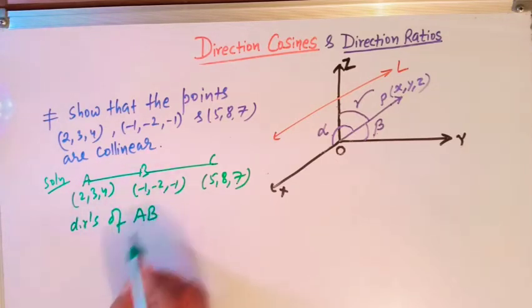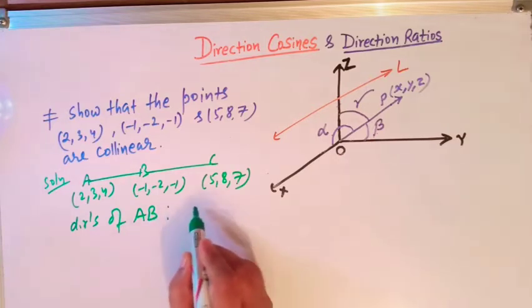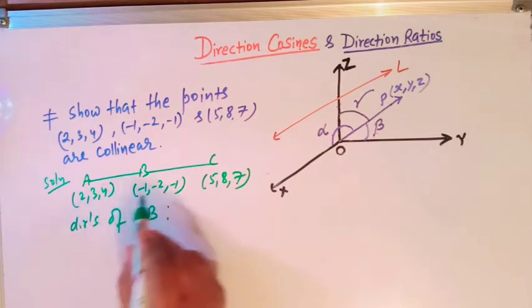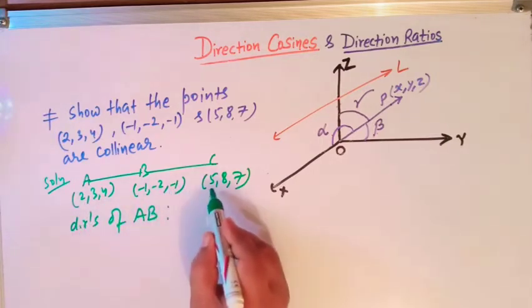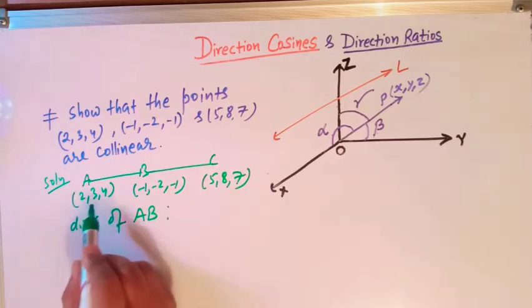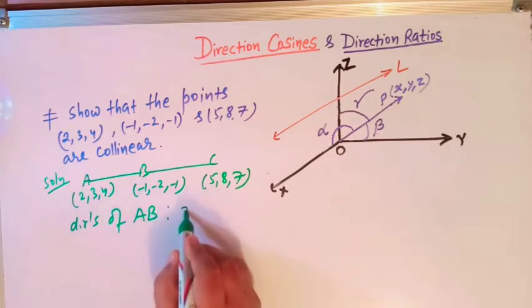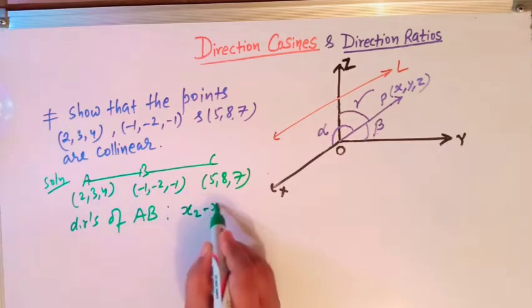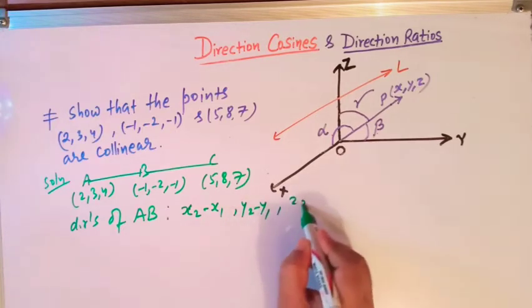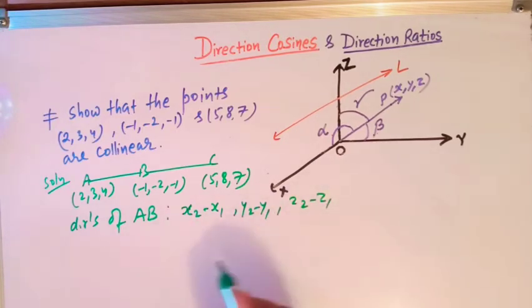The DRs of AB are as follows. This is x1 y1 z1, this is x2 y2 z2, this is x3 y3 z3. So whenever we find the DRs of a line passing through 2 points, then the DRs are x2 minus x1, y2 minus y1, and z2 minus z1. So this is the general formula.